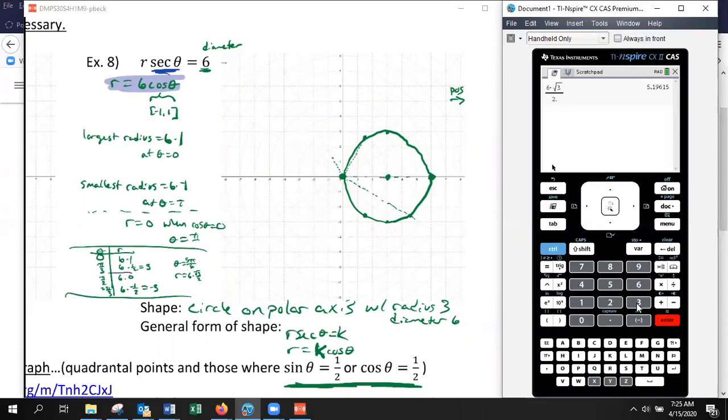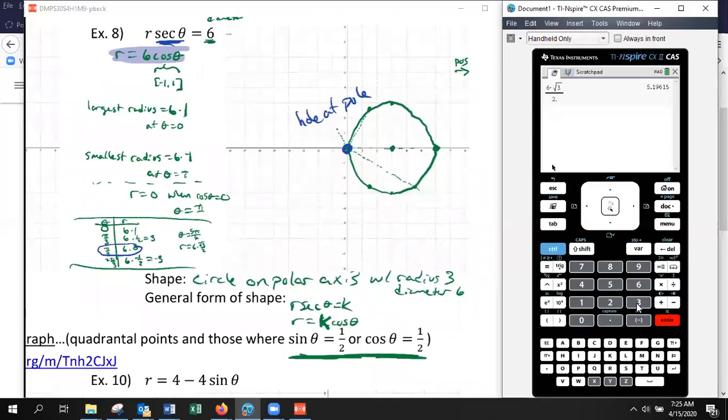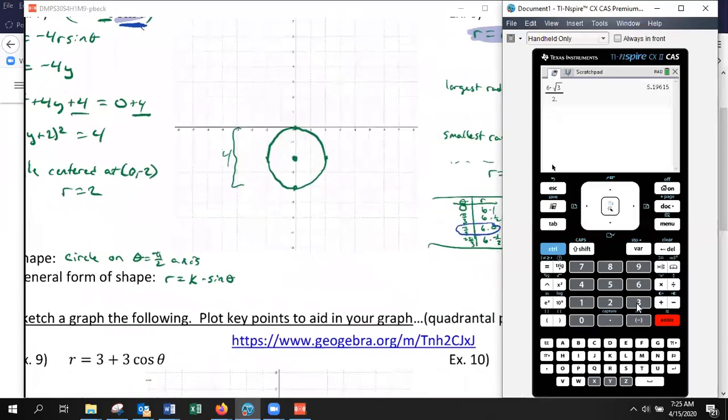Secant of pi over 2 is actually undefined. So I really cannot generate that point. So what happens is this is a hole at the pole. Now this domain kicks in when you see secant theta equals k, or cosecant theta equals k. These give you the hole at the pole.